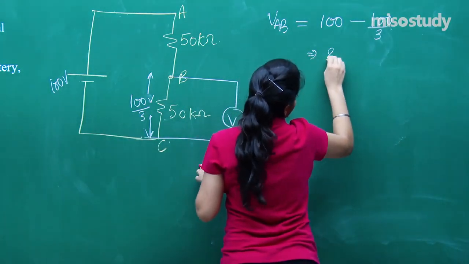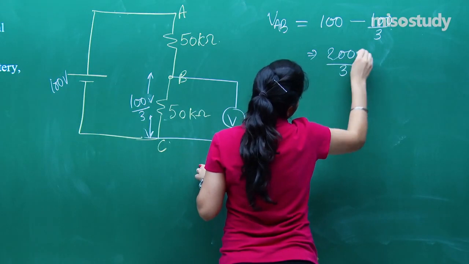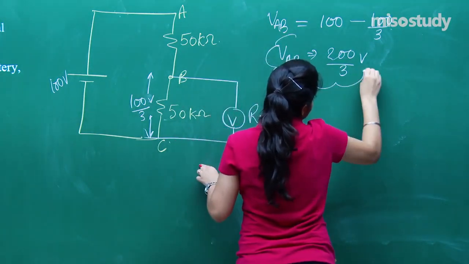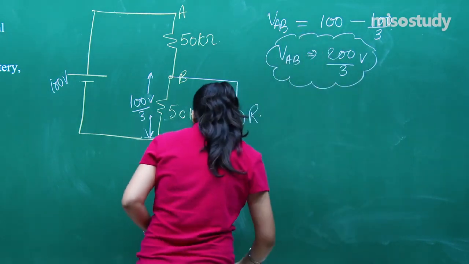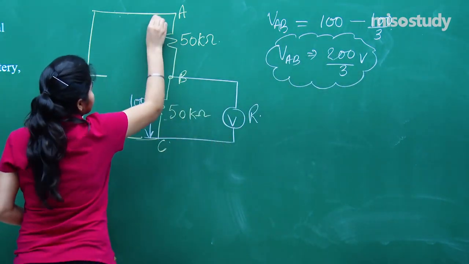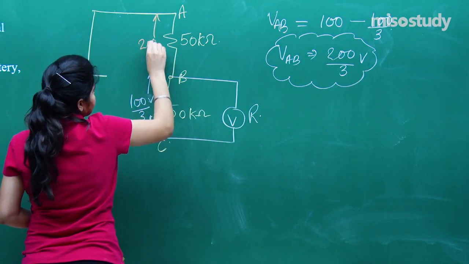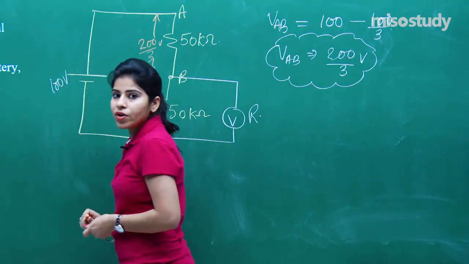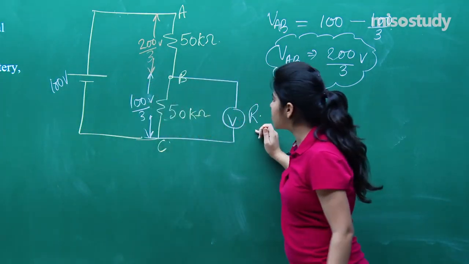That means voltage across AB is 200 by 3 volt, or you can mark over here, right.